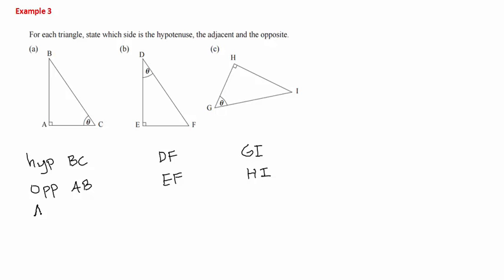And the adjacent side, adjacent to the angle here, AC. Adjacent to the angle will be DE. And adjacent to the angle here will be GH. Okay, so that's how you label the sides.